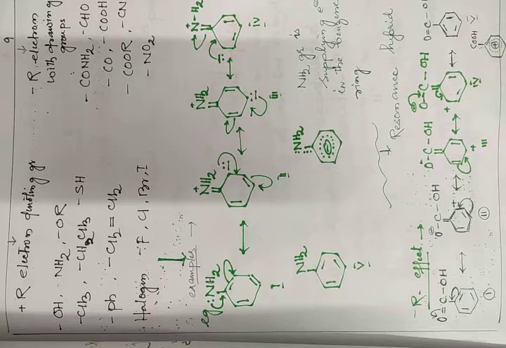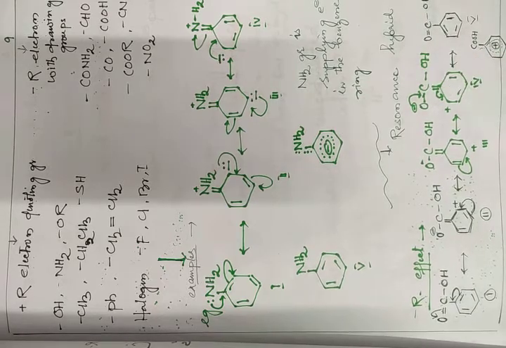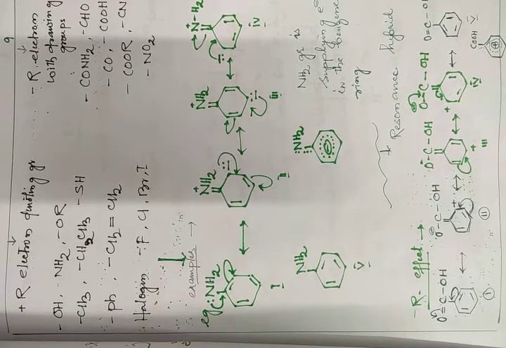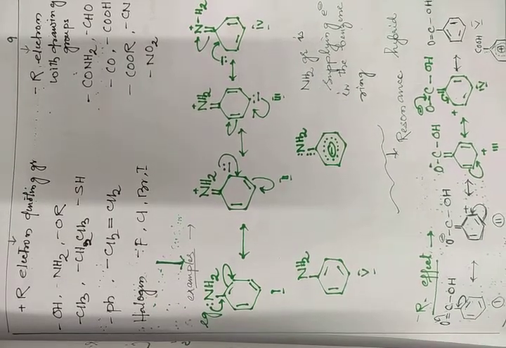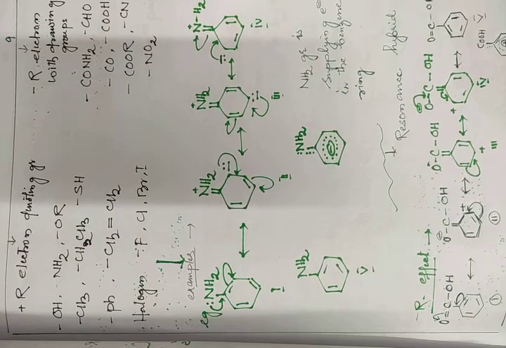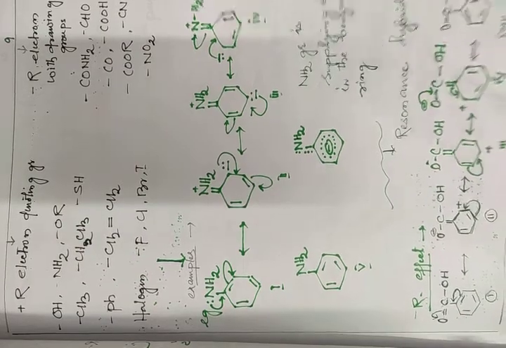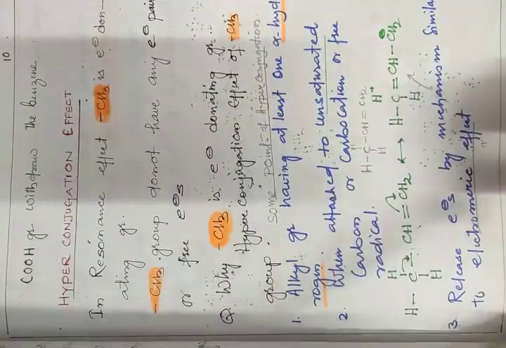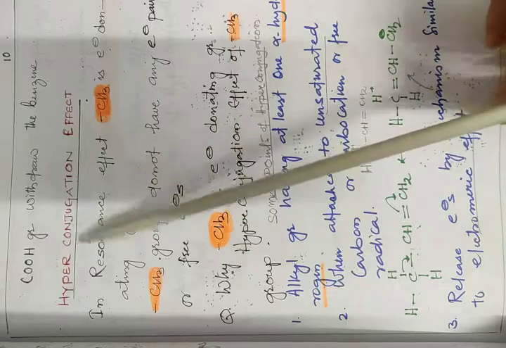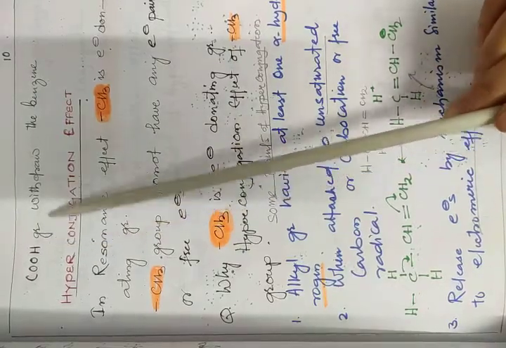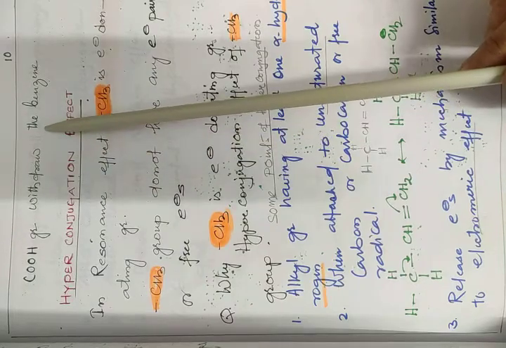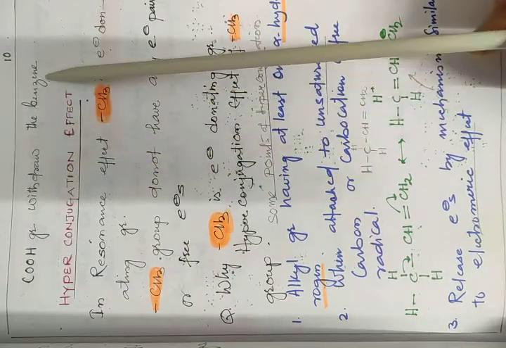Here a positive charge will be there, but in the previous plus R effect, it will have a negative charge because it has much more electron. Here it is less electron. Now this carboxylic acid is the withdrawing group, that means it withdraws electrons from the benzene.